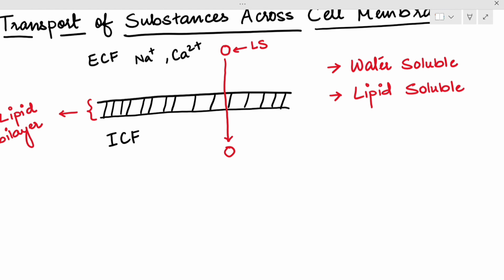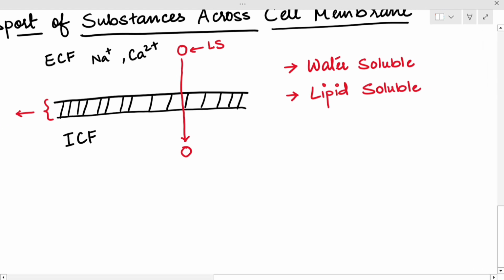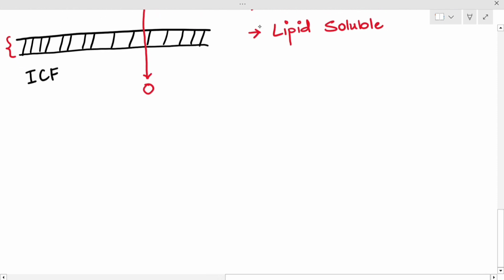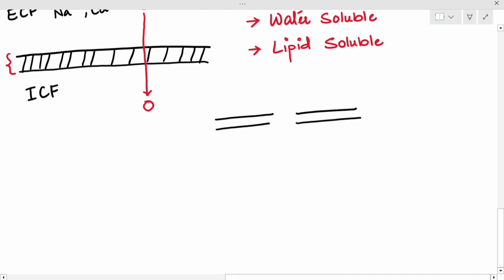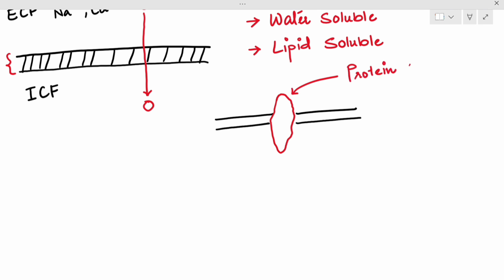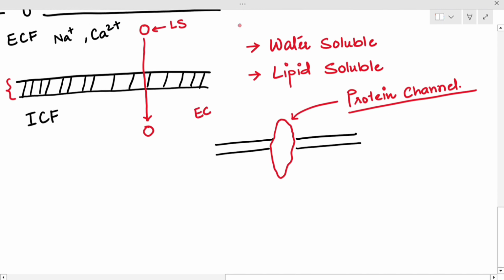So for those substances there are some channels. Suppose this is the lipid bilayer of the cell membrane. In the cell membrane there are some channels, and these channels are nothing but proteins, so we can say protein channels. This is the extracellular compartment, this is the intracellular compartment.